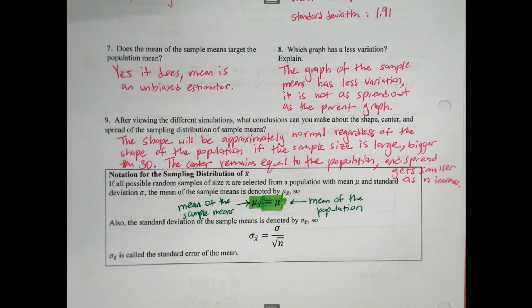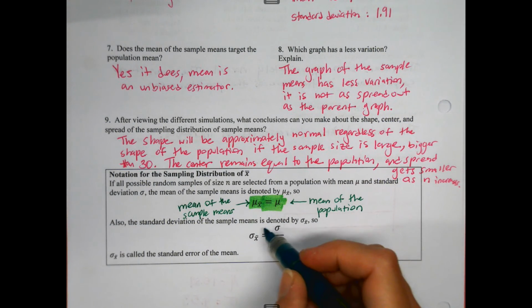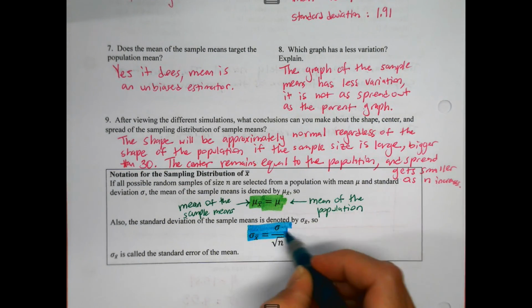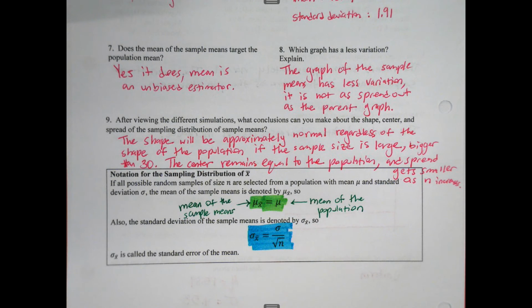Also, the standard deviation of the sample means is going to be denoted by sigma sub x bar. And it's going to be equivalent to the standard deviation of our population divided by the square root of n. The reason why we divide by the square root of n is because, as we saw in our simulation, the larger the sample we take, the less spread out our data is.